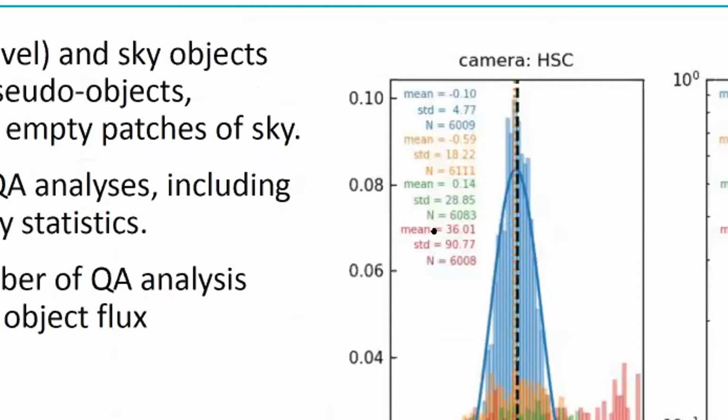All right, so a couple of asides about some useful things that exist in stack outputs. So sky sources and sky objects. These are pseudo objects that are pseudo-randomly placed in each detector and on each co-added image at locations where no other objects exist. So we look at all the detection footprints for all the objects that are in the frame, and we then use that information to drop 100 sources or objects onto these images, essentially in empty patches of sky.